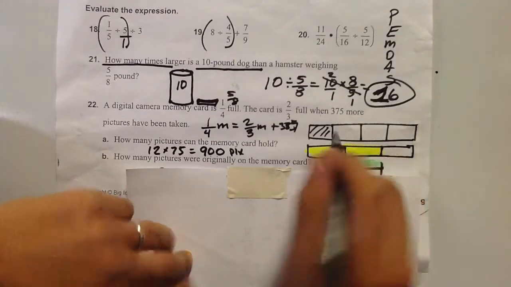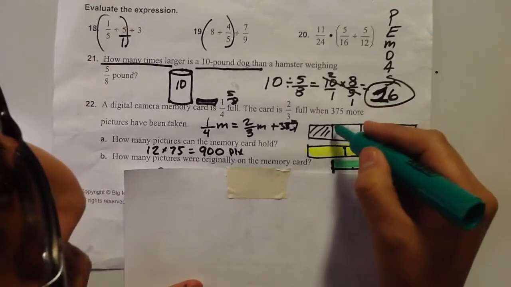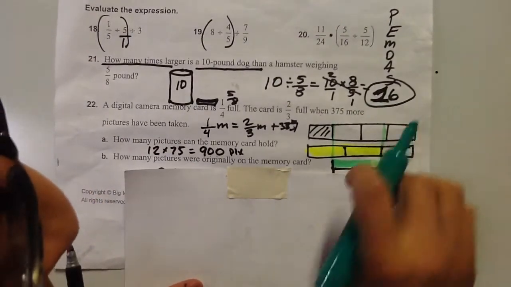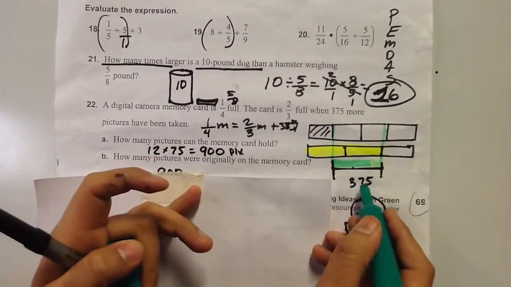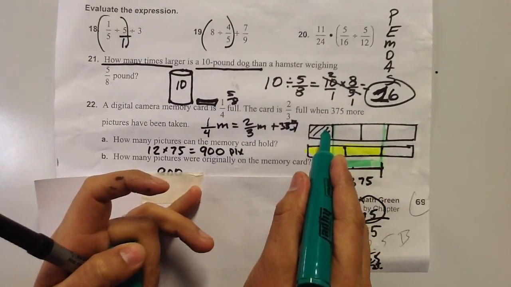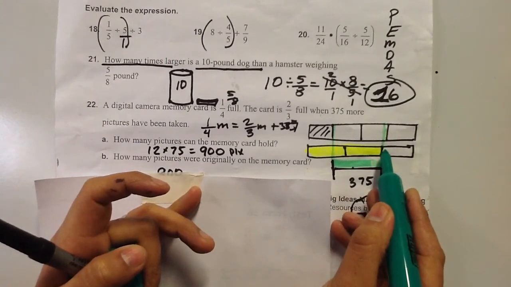And we know that, I'm going to break out my colored pen, when 375 more pictures are added to this 1/4, you see that? Then it becomes 2/3 full.